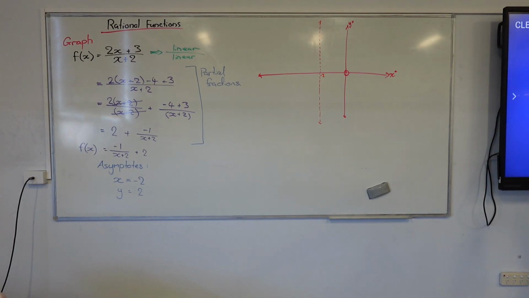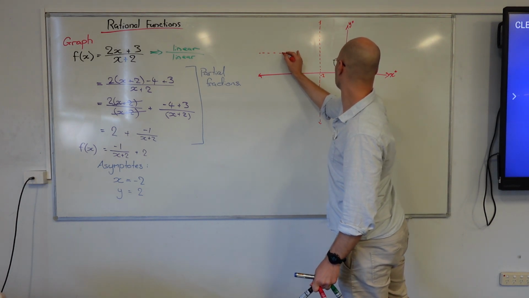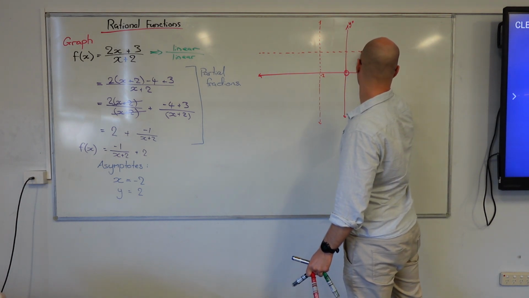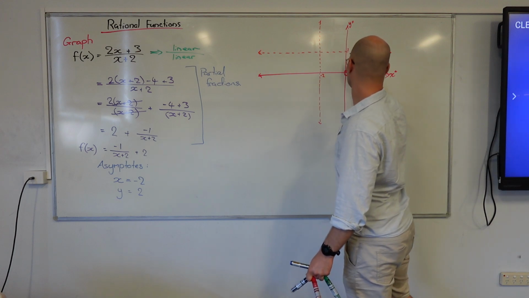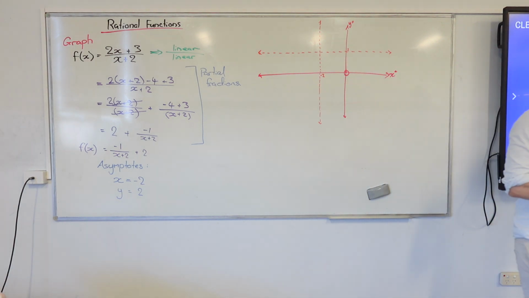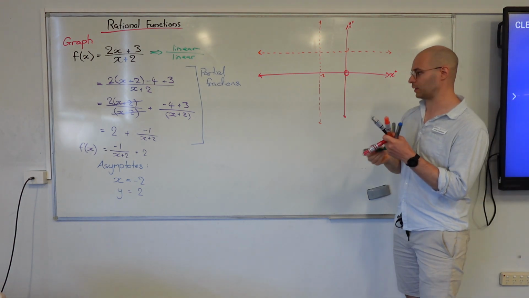My horizontal asymptote, where was that? 2. Alright. Now, this is a hyperbola, so it's probably going to look like, and I'm going to do this one in green.